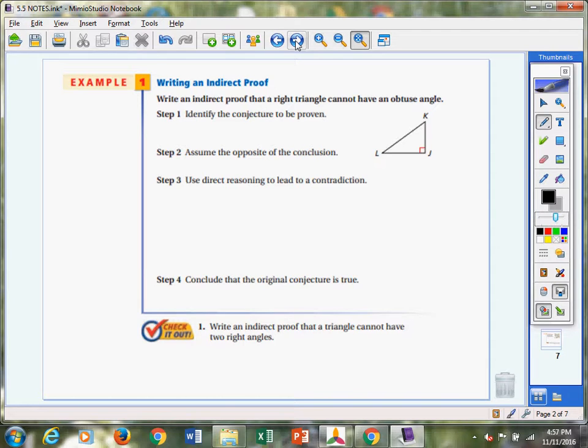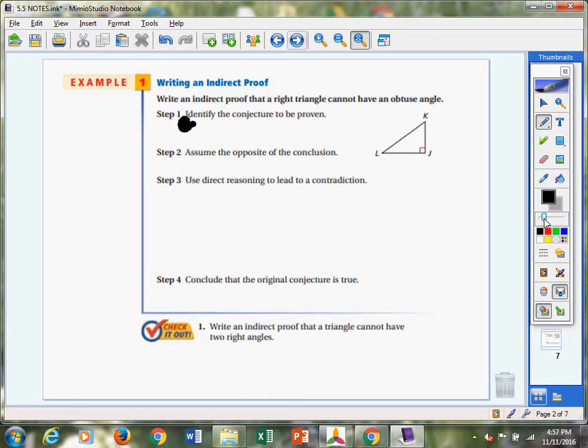So, all right, example 1, we're going to write an indirect proof, and we're going to do it in these 4 steps. So, step 1, here's the directions. Write an indirect proof that a right triangle cannot have an obtuse angle. Okay? So, the first thing that I need you to write down is that we are given, oh, that's real blobby.